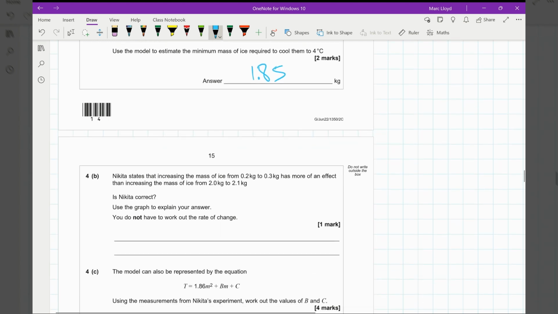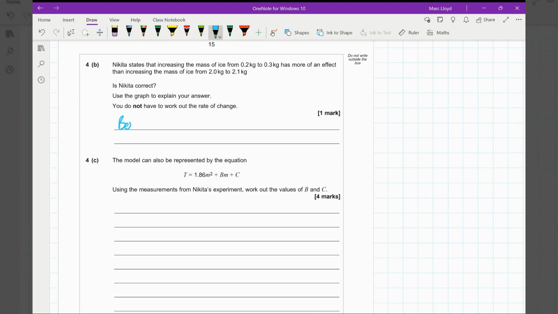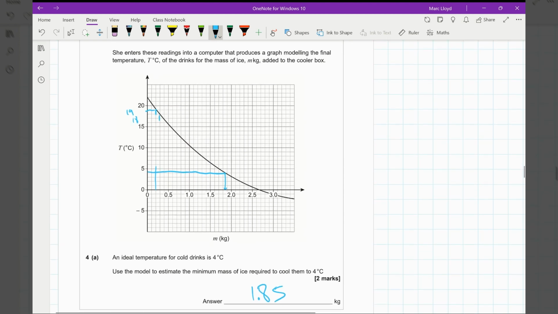So between 0.2 and 0.3 is 1 degree dropped. And then 2 to 2.1. Let's go to 2 to 2.1.